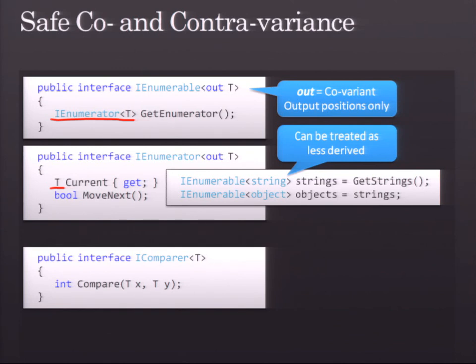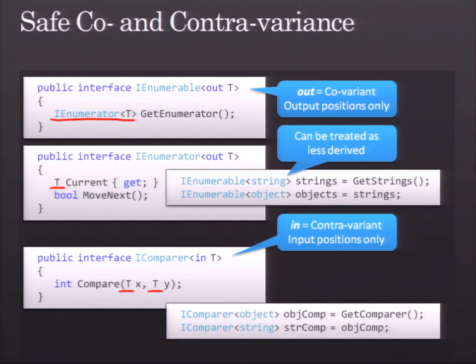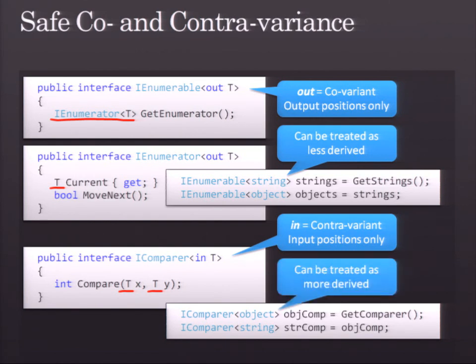And we can make this contravariant now by putting an in modifier on the type parameter, which restricts T to only occur in input positions in declarations of members in that interface. And because they only occur in input positions, we can now do sort of the opposite.